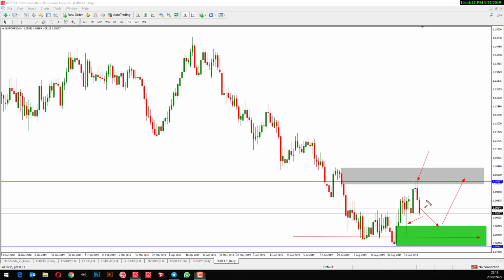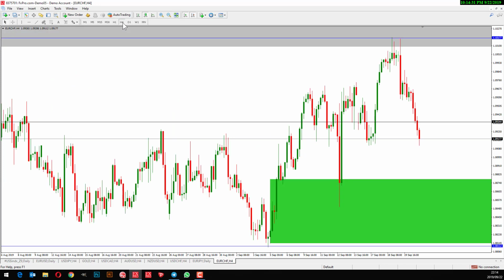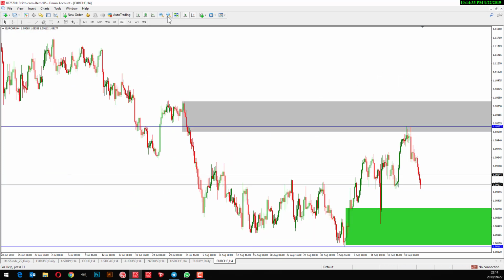But remember, I'll be looking at these levels on an H4 time frame. So let me go to the H4, then you can see clearly what I'm talking about. Right, now you can see much clearer what I'm saying.